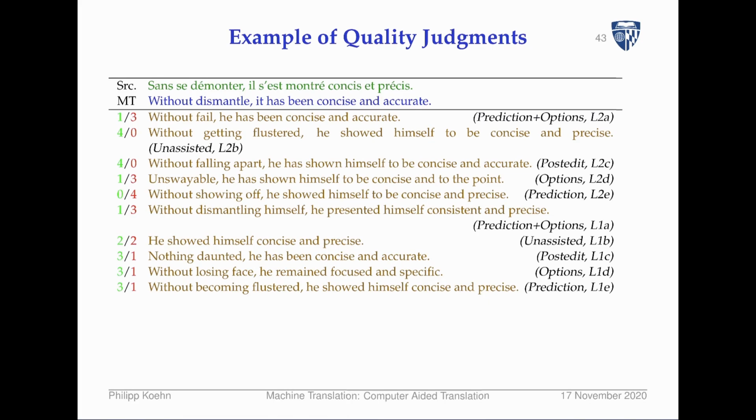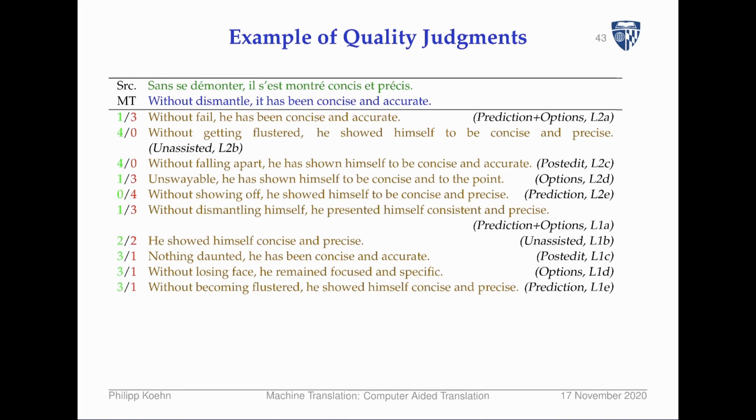What maybe reinforces this observation is that even when they're assisted by a machine translation tool, which prompts them and pushes them towards particular translations, they still come up with different translations. Even if you prompt them in one direction, all of them come up with different translations.